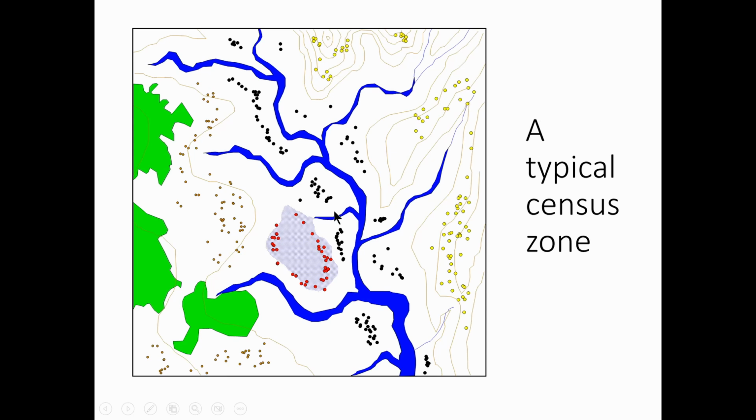So looking back again at a typical census zone with the river running through, a whole group of animals, different species, different colors, yellow ones living up on the hills, red ones on the swamps down at the bottom, brown ones in the shallow lands here, and water-dependent species along the river.